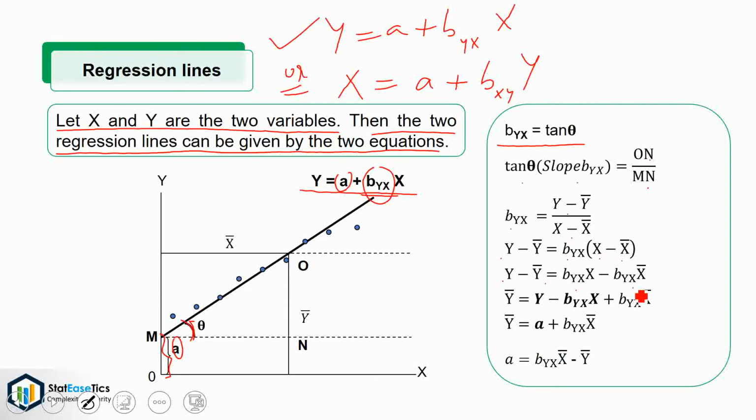Further solving the equation, we get y bar is equal to y minus byx into x plus byx into x bar, which reduces to y bar is equal to a plus byx into x bar, as we know that a is equal to y minus byx into x from the given equation of line. Thus, a is equal to y bar minus byx into x bar. Hence, we can get the intercept of the line using the given formula.